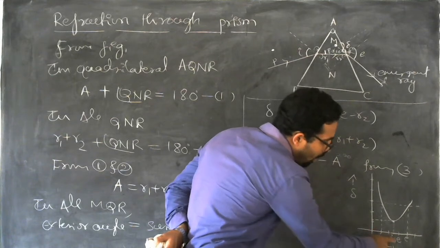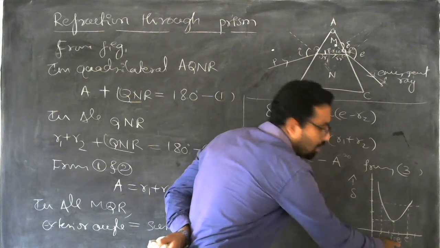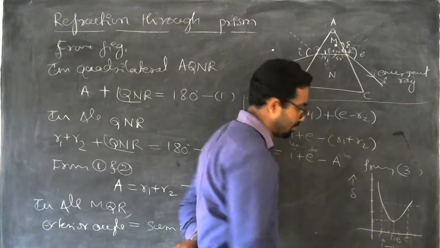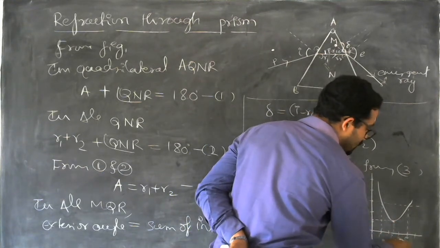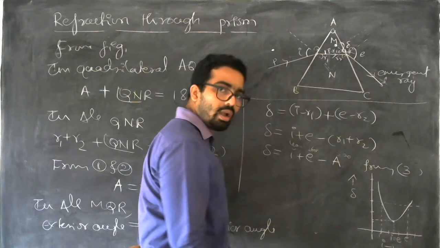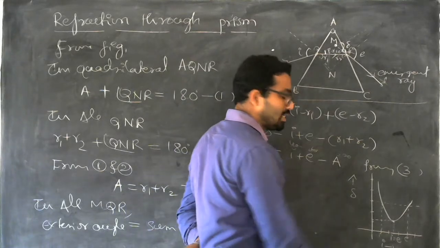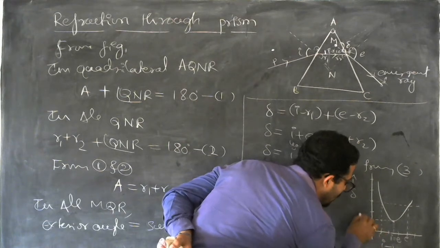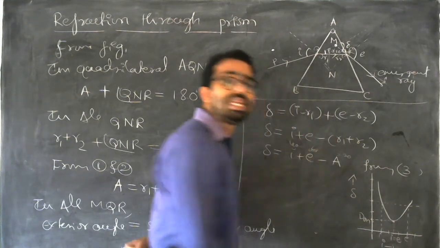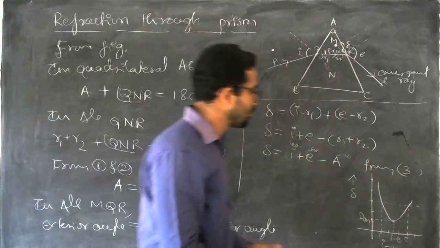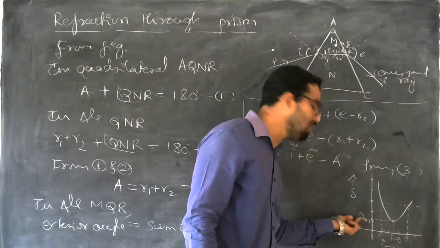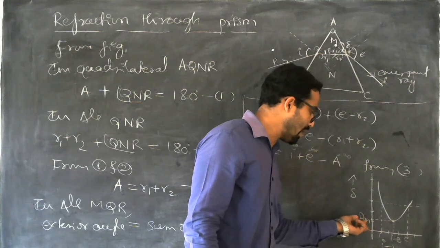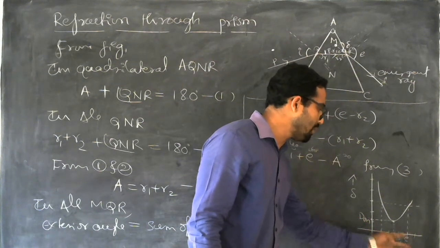And at that point, I becomes equal to E. Then the angle of deviation becomes minimum, and that minimum value is called Dm. Dm means the angle of minimum deviation. At that condition, I will be equal to E.